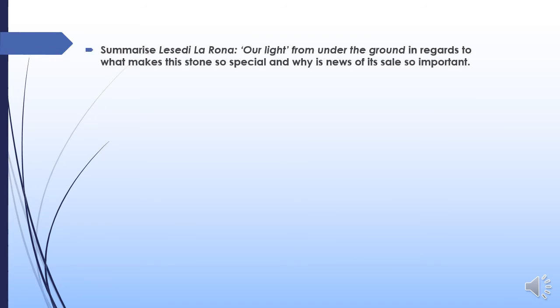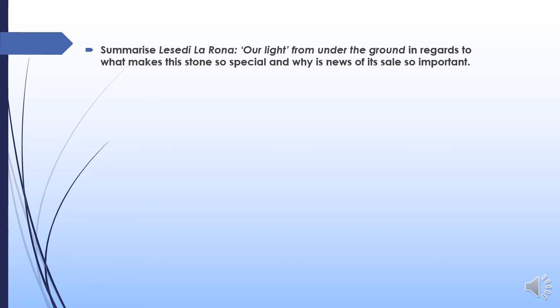Question, page 149 at the bottom, writing a summary. According to the writer of Lesedi La Rona, Our Light from Under the Ground, what makes this stone so special? And why is the news of its sale so important? So you have to write a summary in regards to what makes this stone so special and why there is so much circulation of news of its selling.